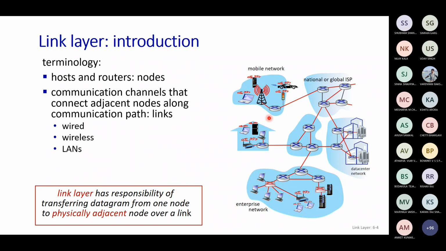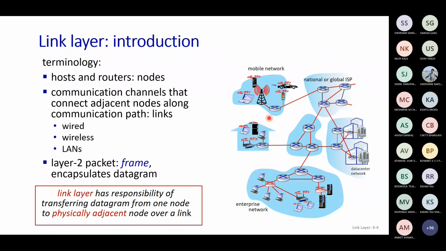But it is not responsible for transferring your datagram from one node to the destination node. It is only responsible for transferring the datagram which it gets from the network layer above to the node which is physically adjacent to the given node over a given link. The link can be wired or wireless.